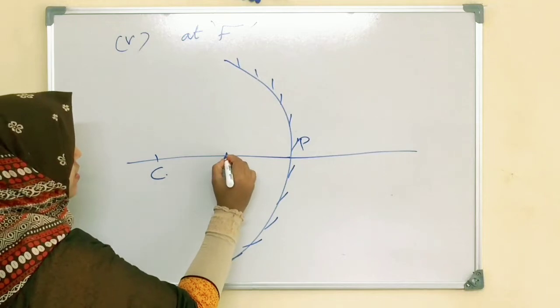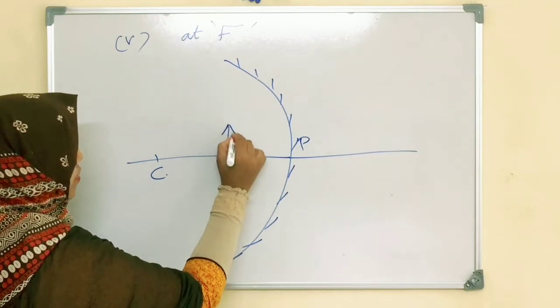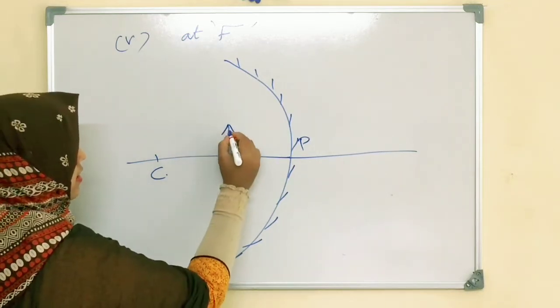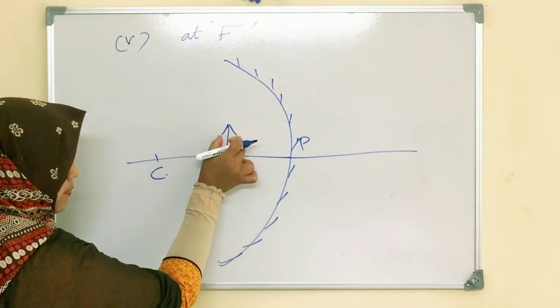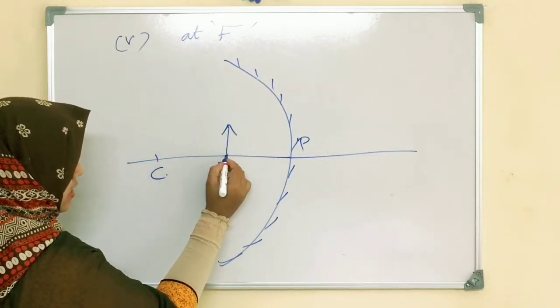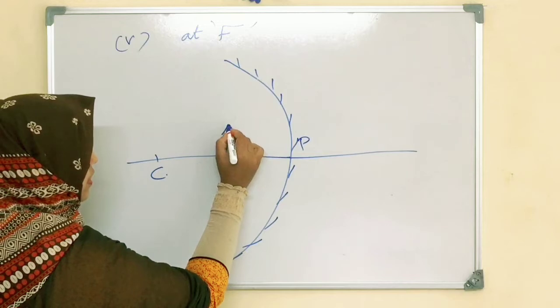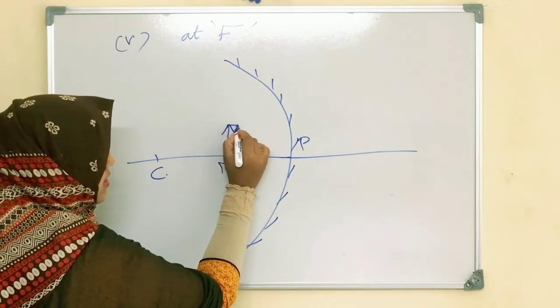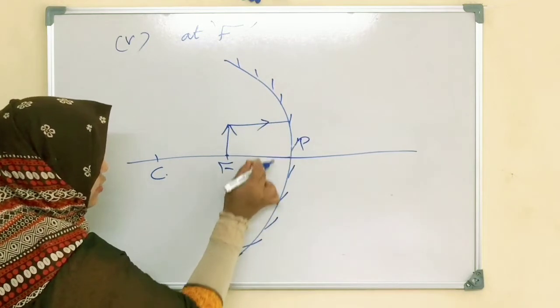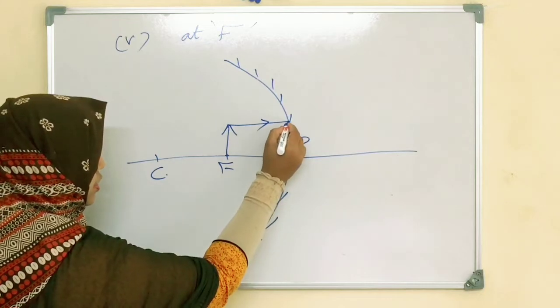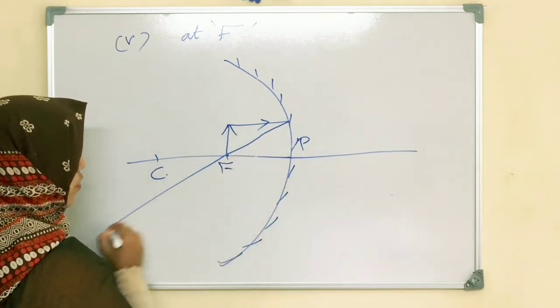The object is kept at the focus. This is the head of the object and the tail is here. From the top of the head, the incident ray moves parallel to the principal axis. After reflection, it passes through the focus.